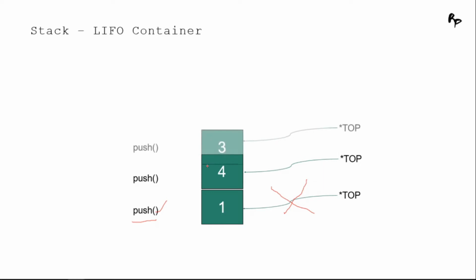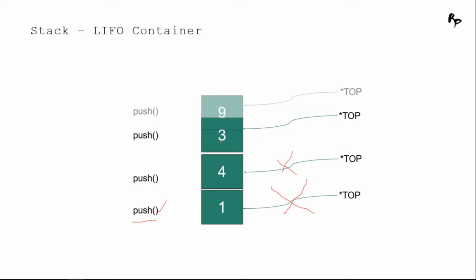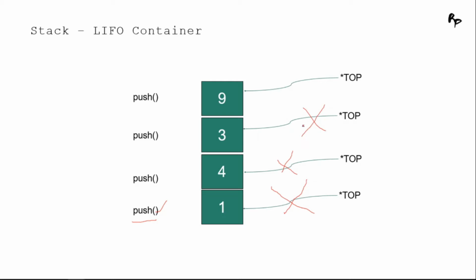Again, if you push one more element, the top pointer will be removed and will point to the new top element. Similarly, if you insert one more element, the top pointer changes again. These top pointers are all the same, they just change their address to point to the top element.